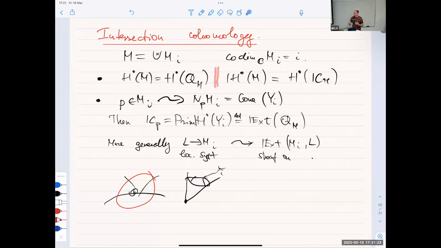It's the part that's not in the image of that omega operator that I was talking about last time. I don't want to define this now, but it is the part of the intersection cohomology that comes from the Lefschetz operator.